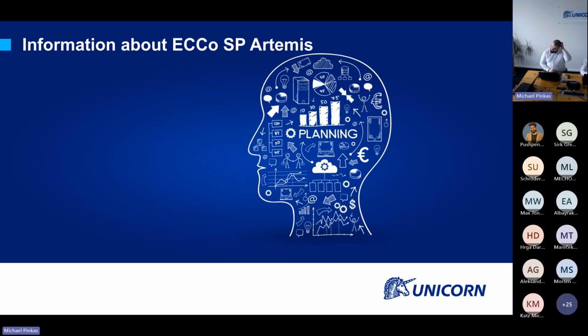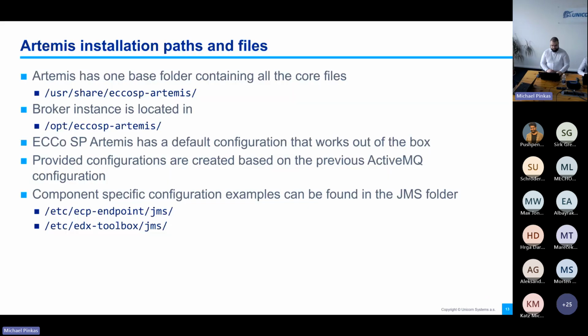So let's go through the changes, or rather the ECCo Artemis configuration. We will start with going through the installation paths and files, just to see the structure of the installation.